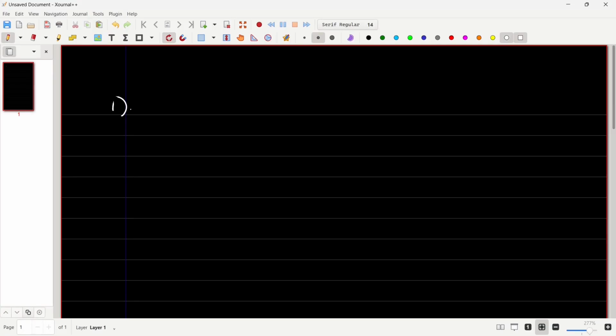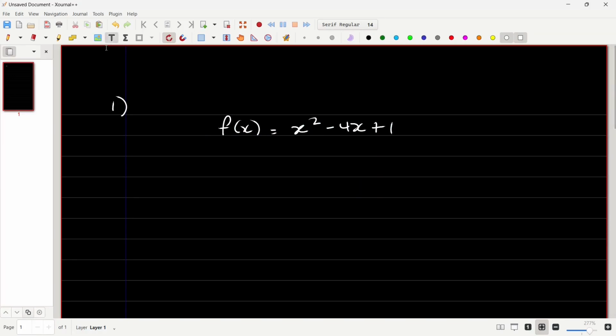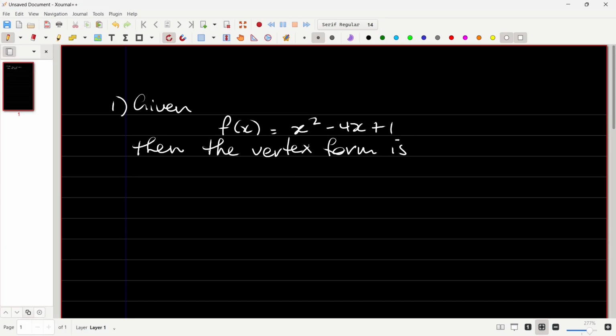The first quadratic here, number 1, is f of x is equal to x squared minus 4x plus 1. So given that f of x is equal to this, then the vertex form is, remember, I have to factor out if there's a factor in front, which there is none.